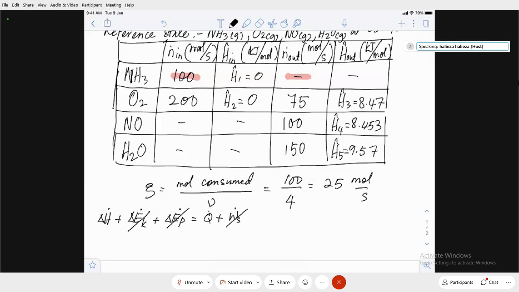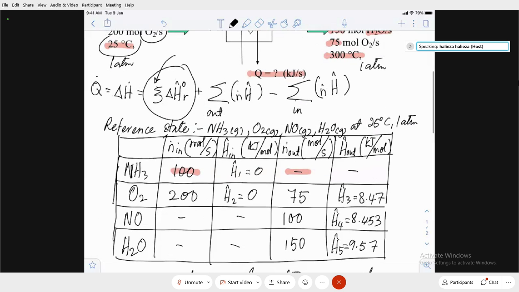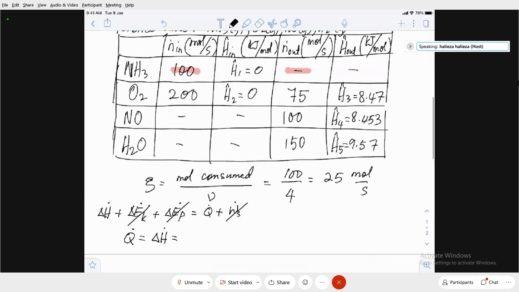So you end up with your Q, which is your heat supply or release, is going to be the change in enthalpy. And that is going to be the same equation I have got over here. Right? That's the same equation. So I'm going to write it all over again. Your extent of reaction, your heat of reaction, plus out, this is from chapter 8, minus in, your product of your flow rate and your specific enthalpy.